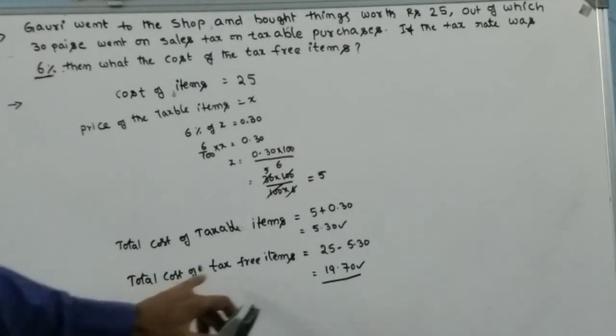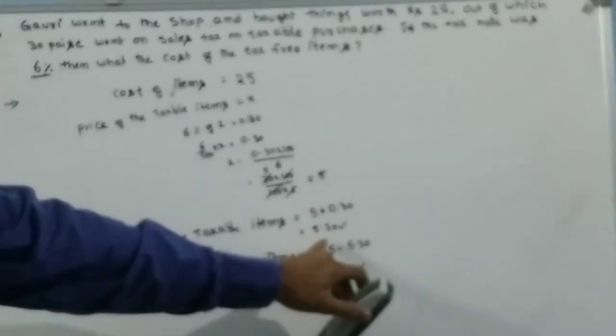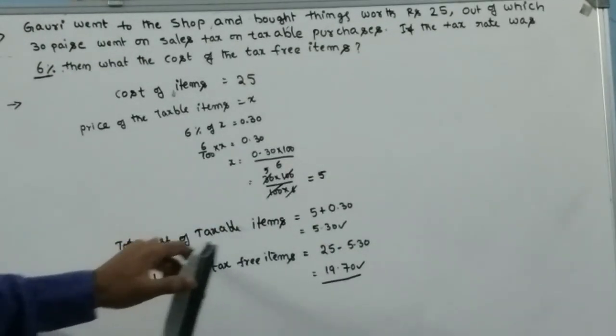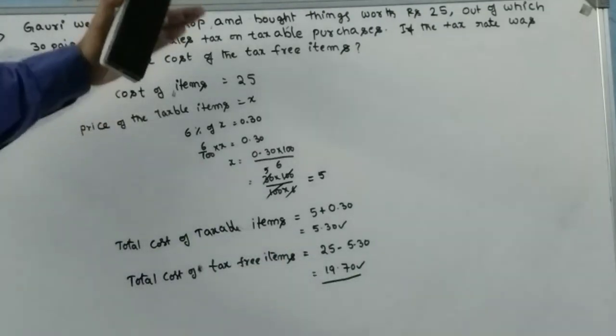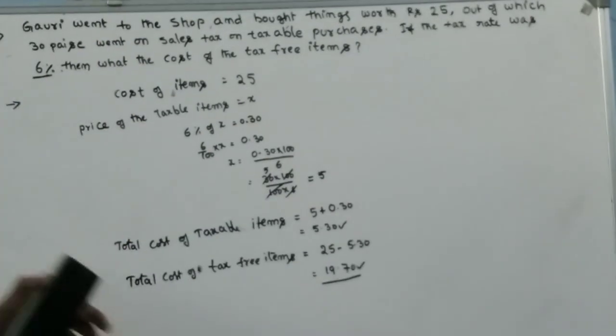This is the amount he is paying towards the tax-free items, and 5 rupees 30 paise he is paying towards the taxable items. Okay. First we have to understand the problem, then we can get the answer.